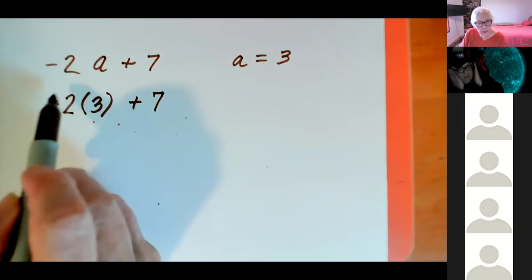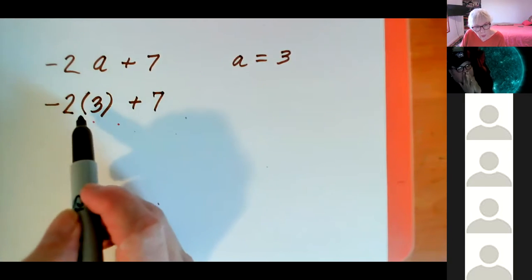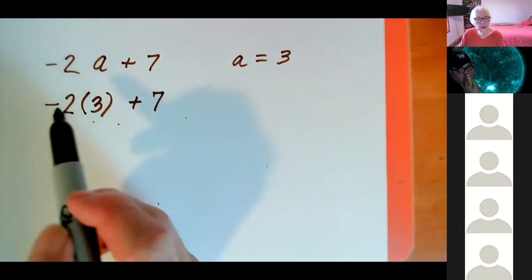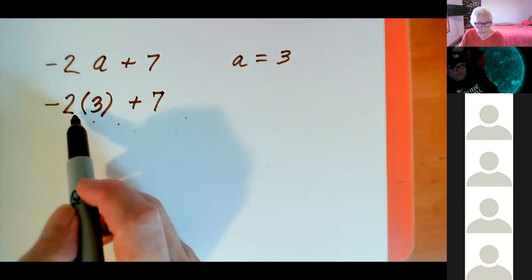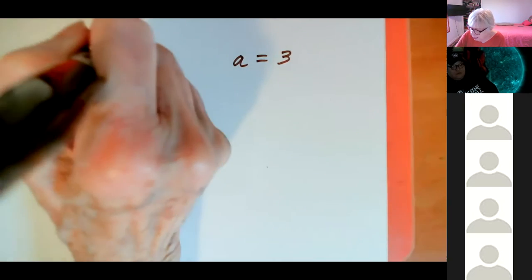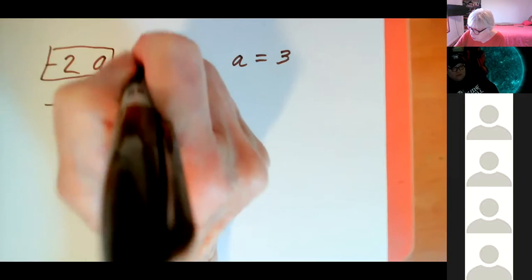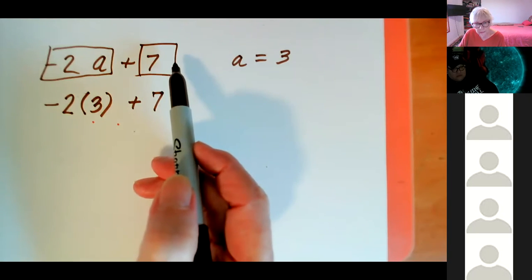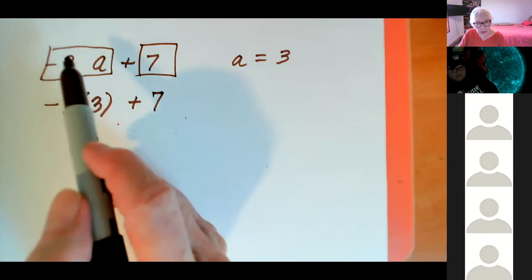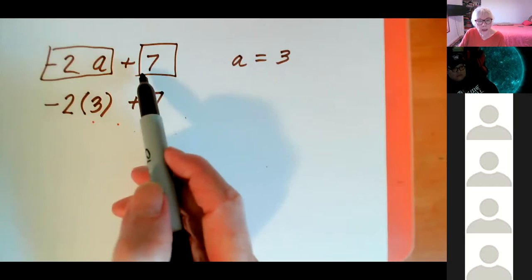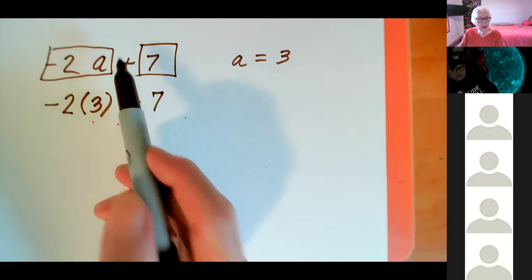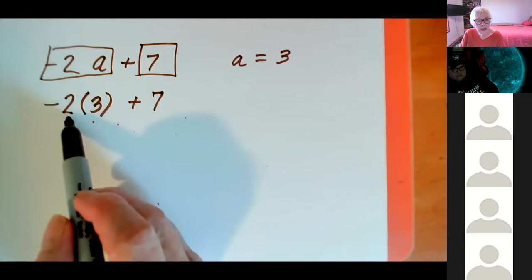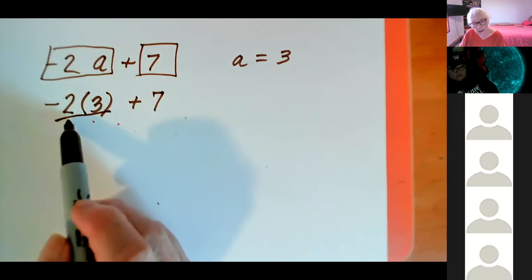Also, this is multiplication, which is more important than adding. And so we do it first. But in a lot of ways, what I want you to start to do is see the terms in a problem. This is a term. This is a term. They're separated by that plus sign. It could have been something else. So I want to do this first.